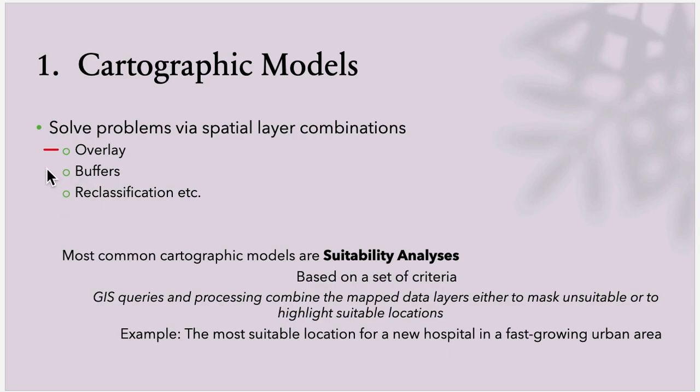The next operation tool is buffers, and in ArcGIS Online, this is the Create Buffers tool, and this creates an area that extends a specified distance around each input point, line, or polygon feature. And we have reclassification.